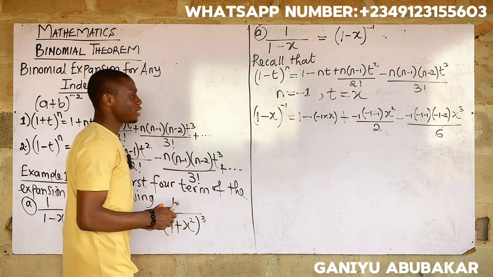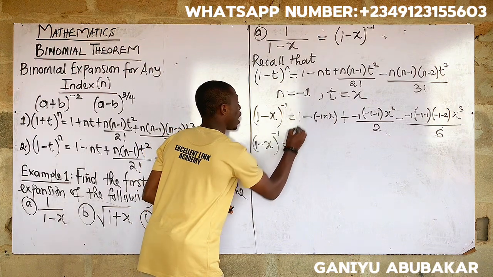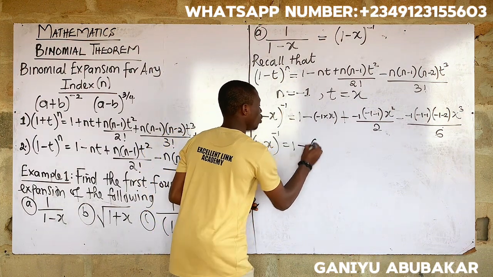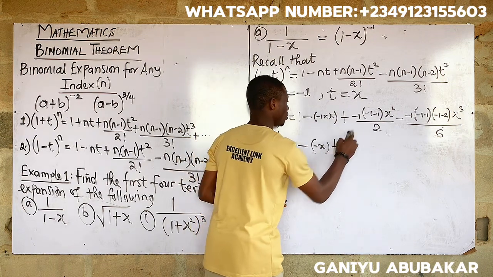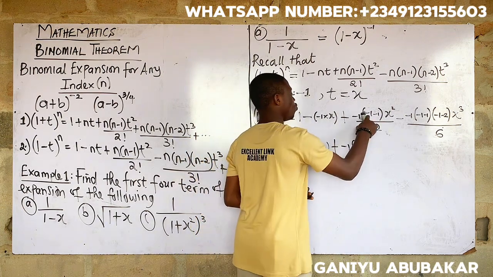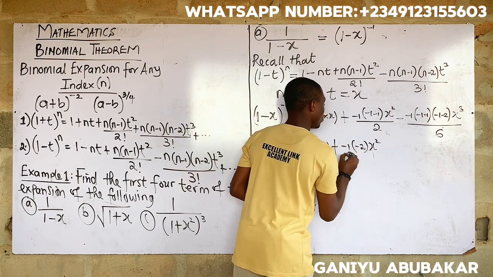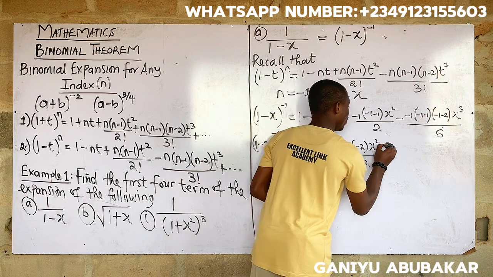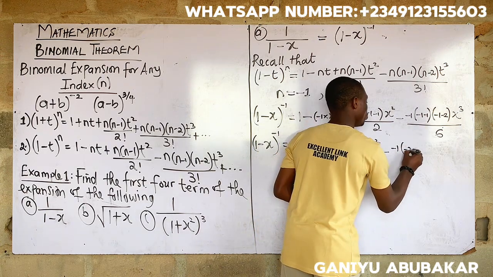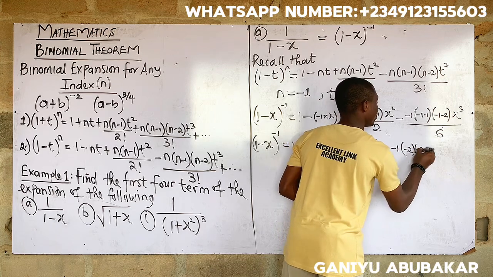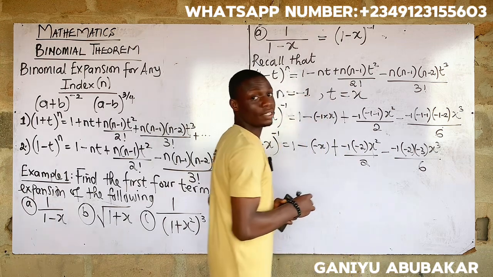So let's simplify this. If I expand 1 minus x to power -1, I will have 1 minus, into minus x: -1 times x, minus x, plus this -1 into -1 is -2, x squared over 2, minus this is -1 into -2 into -3, x cubed over 6. Take it step by step, please.